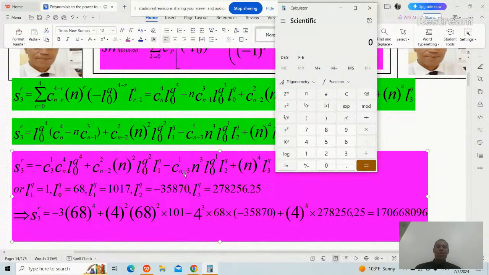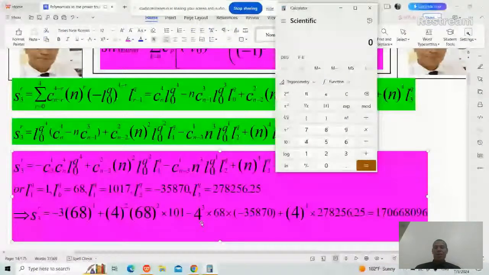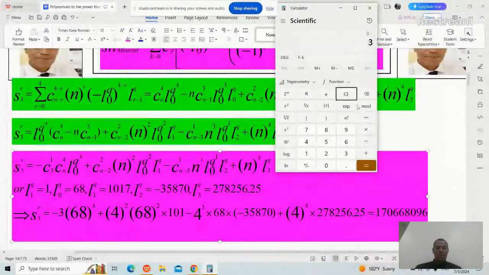Because 4 minus 3 is 1, I'll just focus on this one. I will write negative 3 times 68 raised to the power 4, because again the power 4 plus 4 squared is 16 plus 16 times the square of 68, times L1.